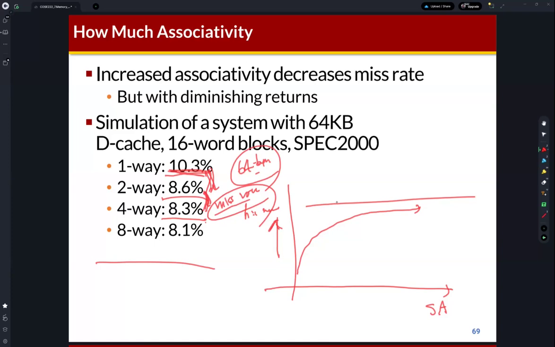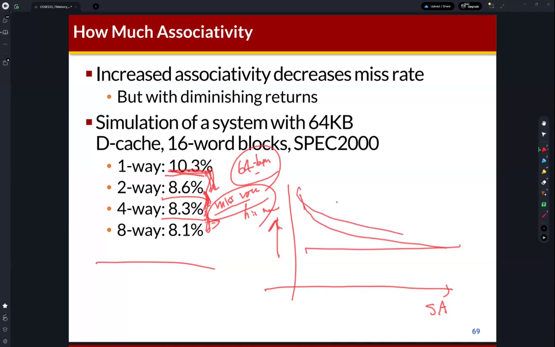So when you draw the graph of miss rate, then this graph looks like this, right? So this gap is also reduced for the 8-way set associative cache. So what does it mean? Fully associative can exhibit the highest performance, but it's expensive.